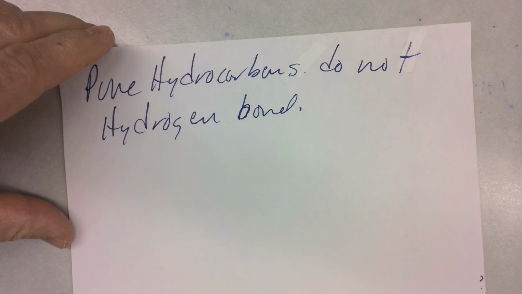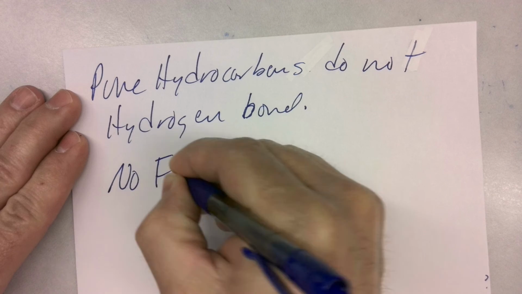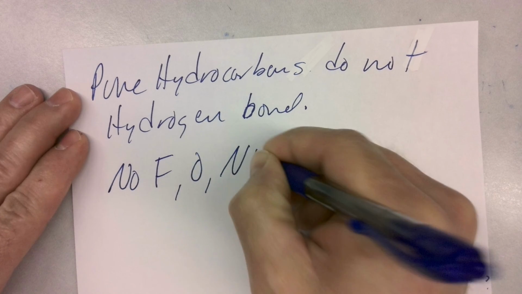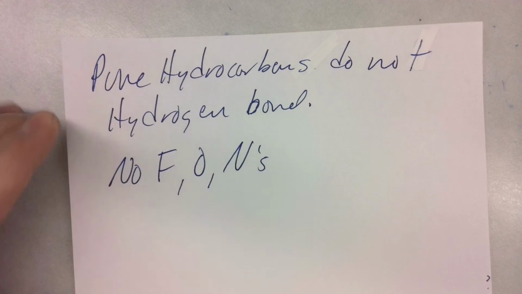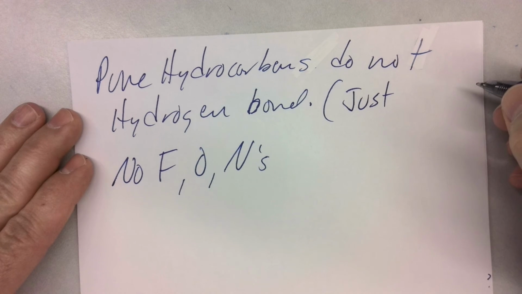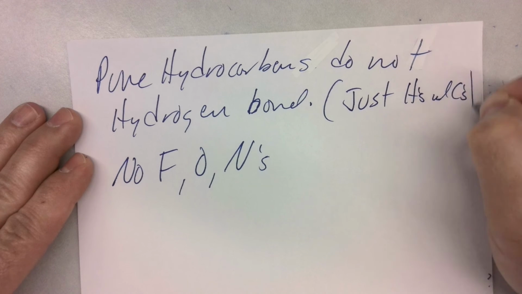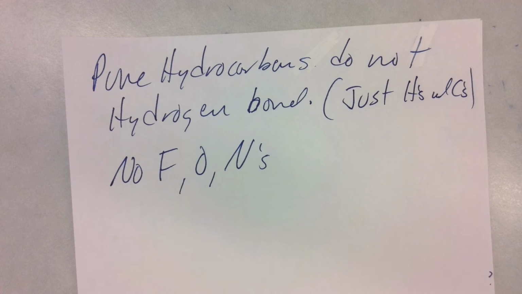The hydrogen has to bond to an F, O, or N. Yeah, there are no F, O, or N's, because in a pure hydrocarbon it's only hydrogen and carbon. Just H's and C's, so I don't have any F, O, or N's to bond to.